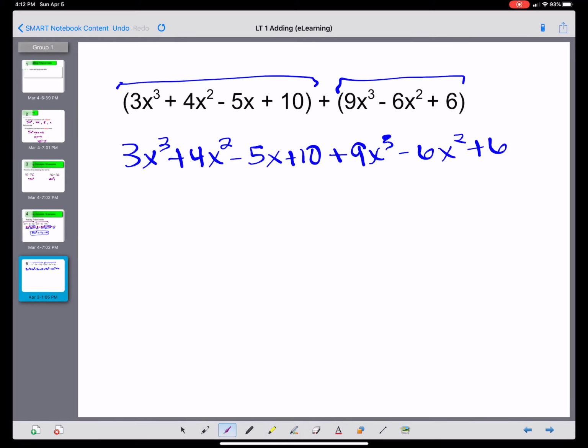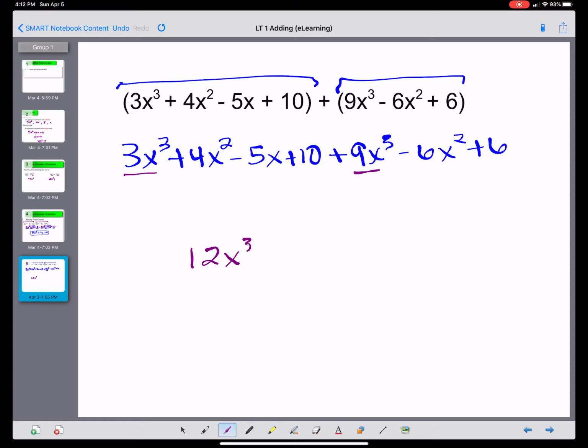Start with the one on the left, 3x cubed, 3x to the third power. I'm going to look for anything else that has x to the third power, and there's something right there. That's all we have, so we're going to add those two coefficients together. 3 plus 9 gives me 12, and then I'm going to write down x to the third power.